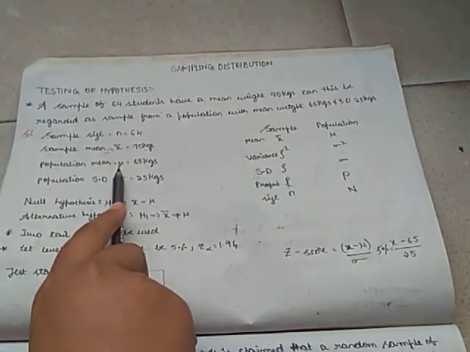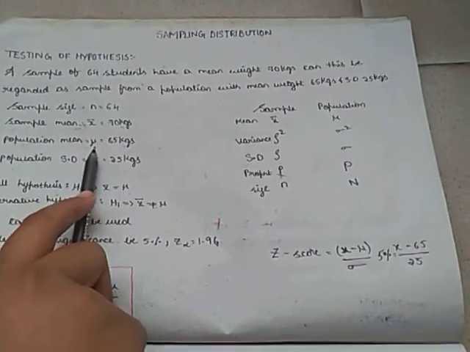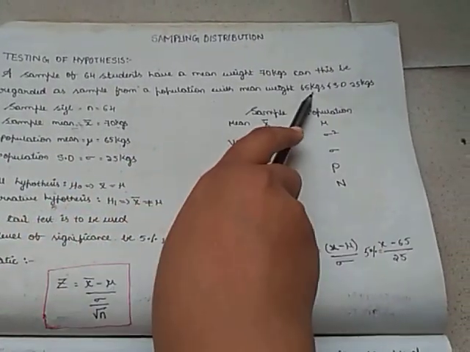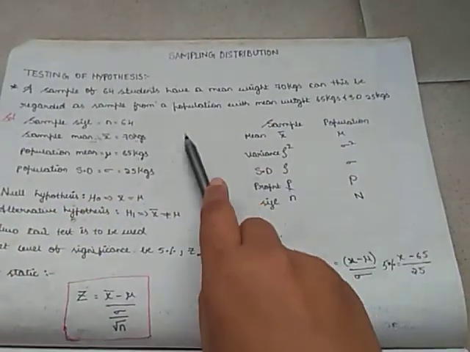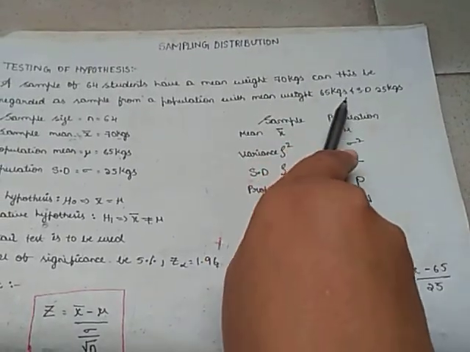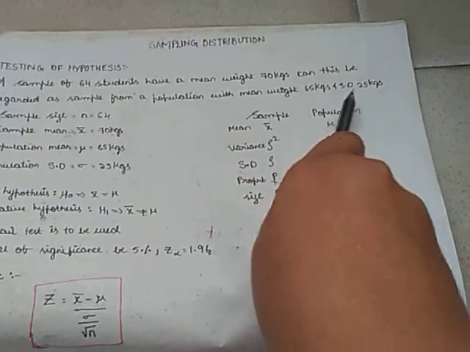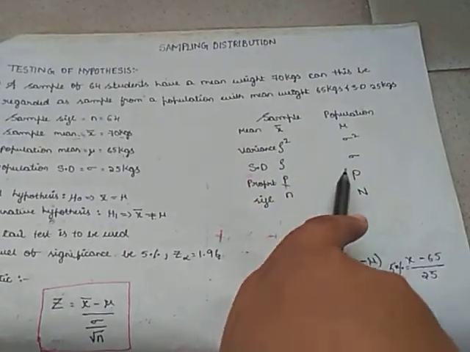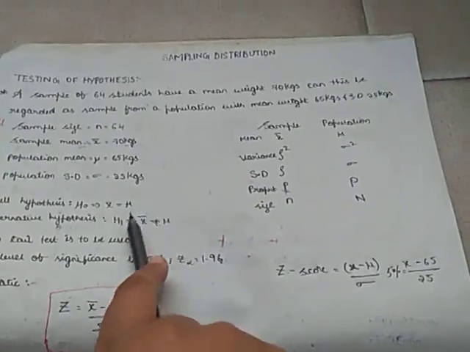So mu equals 65 kgs, and SD is given. Because the word population comes before mean and SD, it is population mean and population SD. Population SD is denoted by sigma. So sigma is 25 kgs.